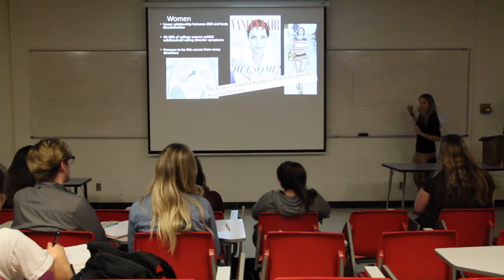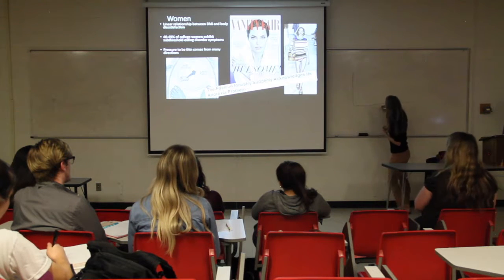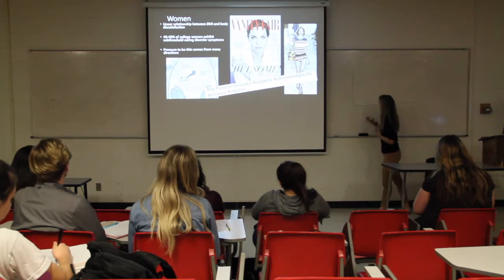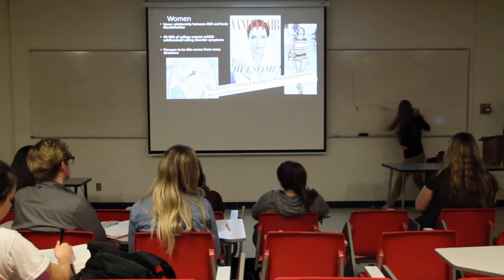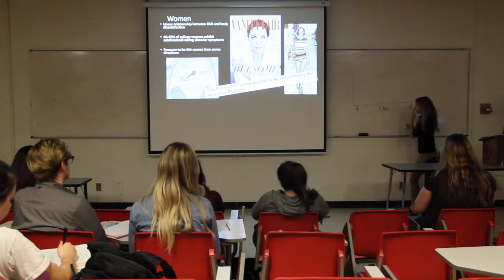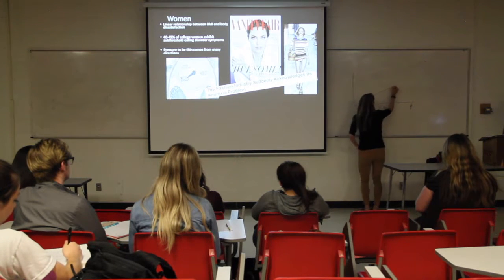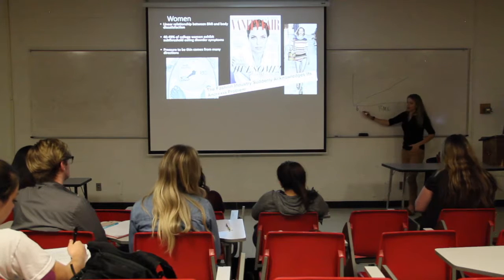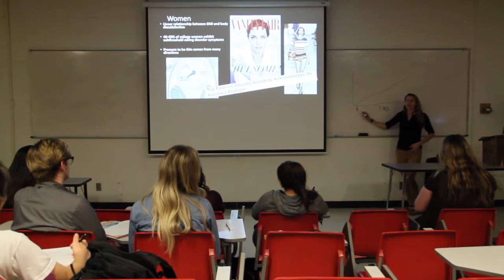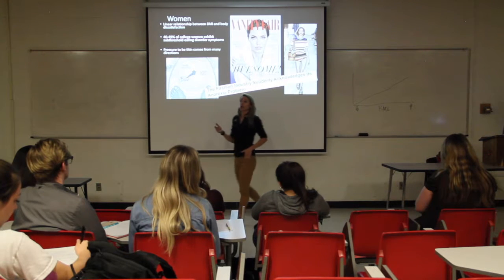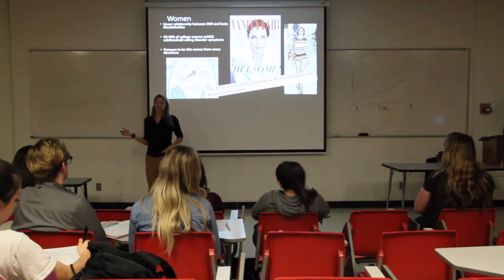So if we're talking about women, we're talking about the research here. We've got BMI here, and this is going to be low, and this is going to be high. Women typically have a linear relationship when it comes to BMI. That means the lower their BMI, the better their body satisfaction is. They typically are happier with their body when it's leaner.